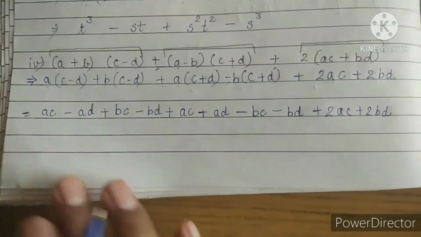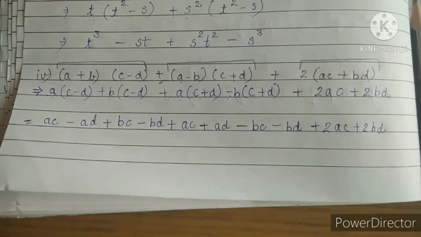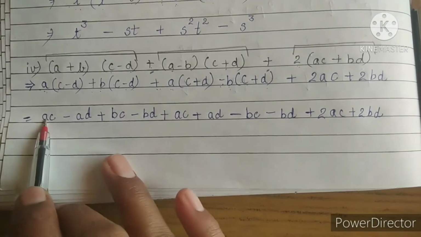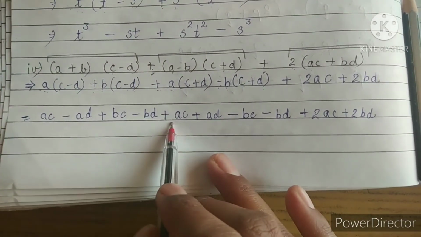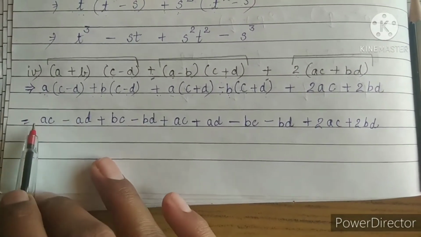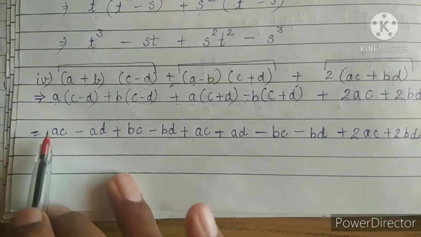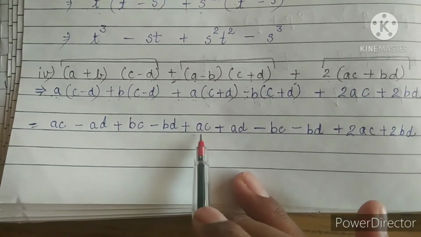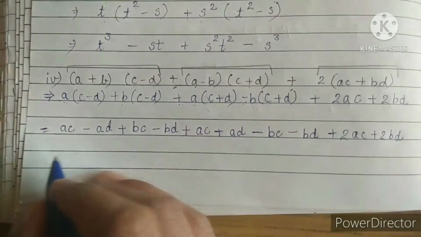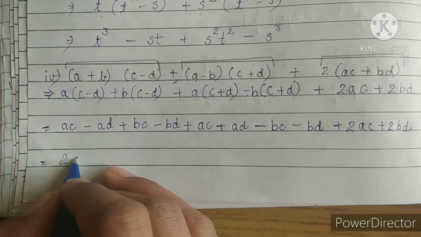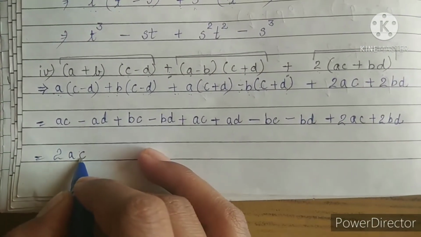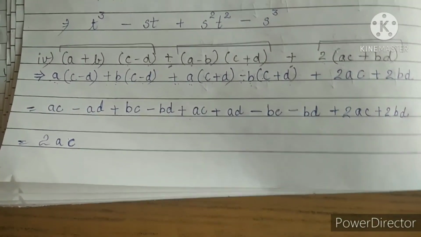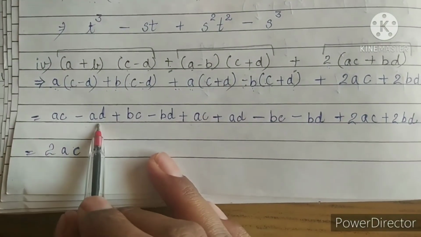Okay, now you can see our AC and this AC are the same, having the same symbol. So plus 1 AC plus 1 AC will give us 2 AC.